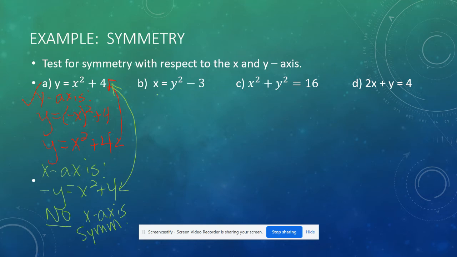For letter B, y-axis symmetry, we plug in the negative for x. I have no simplifying to do here, so when I compare the original to this one, they are not the same. So no y-axis symmetry.